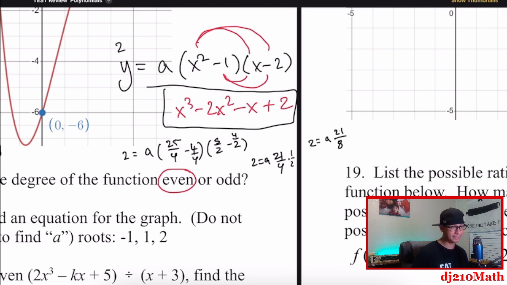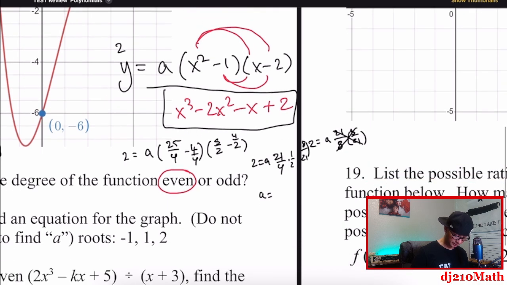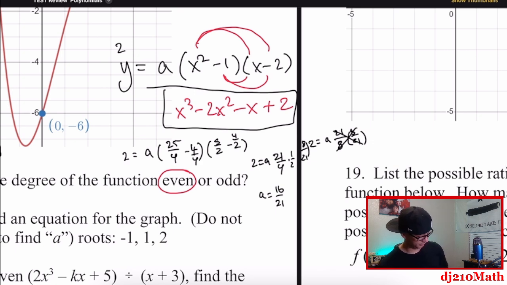When we reciprocate, a is equal to, because 8 over 21 cancels, 8 over 21. So it's going to be 16 over 21. a is equal to 16 over 21.